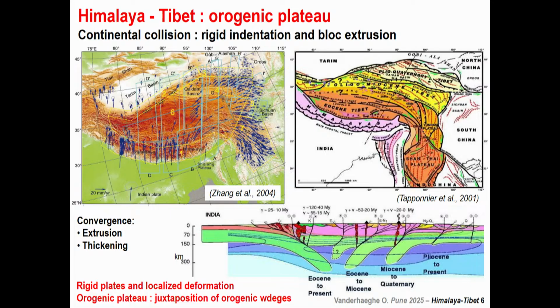And then, if we analyze further, we see that that's not enough. There is shortening here that is accommodated by thickening and not only by extrusion. The material not only goes north, south, east, west, it also goes in the vertical dimension.